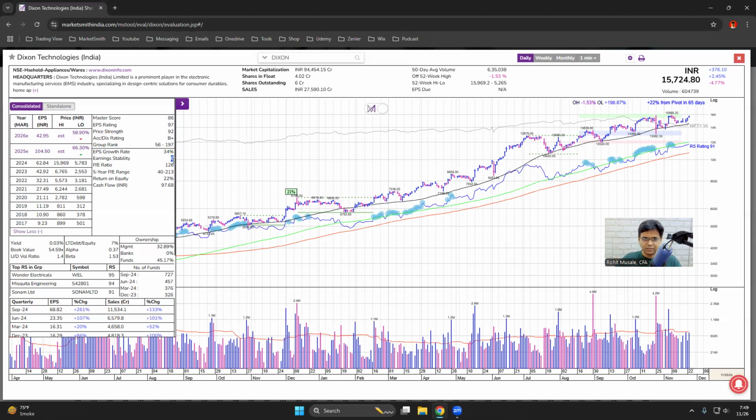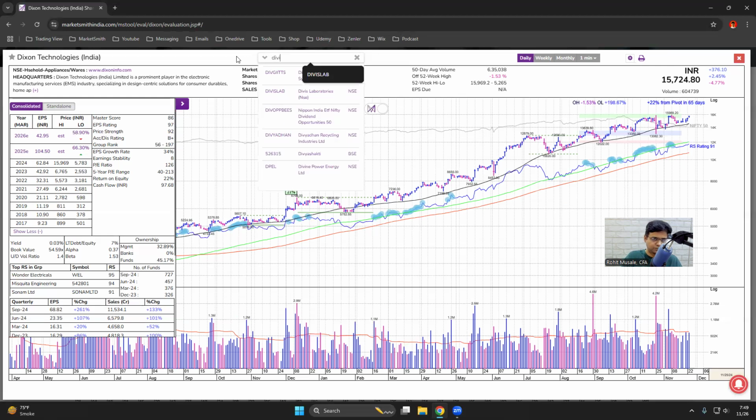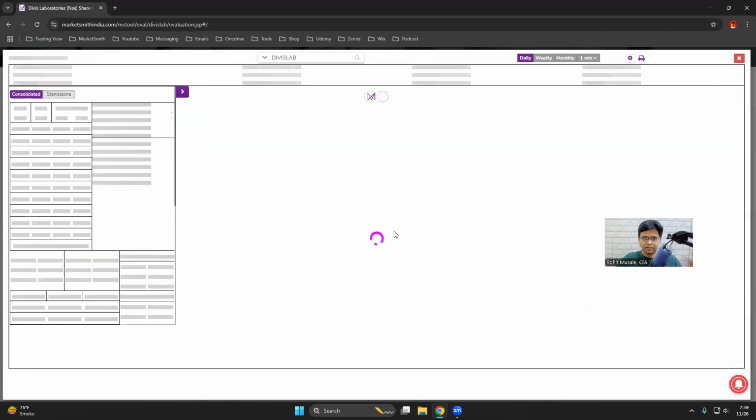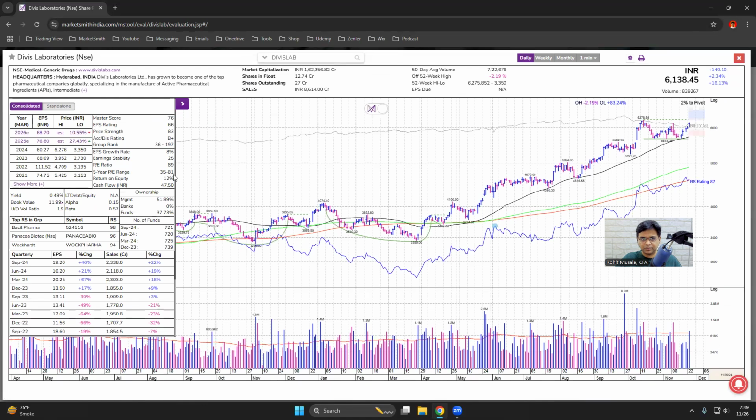So where does this number come from? If you look at this number for Divis, I'm just randomly taking two stocks just to help you understand. So see, this stability is 25 and growth rate is 8%. But for Dixon, this is 34 and this is 8. So the exactly reverse.